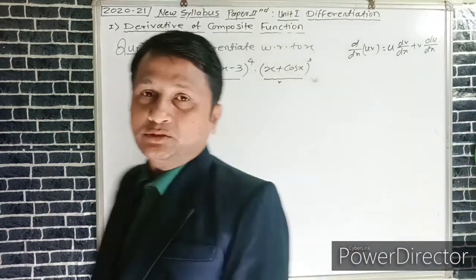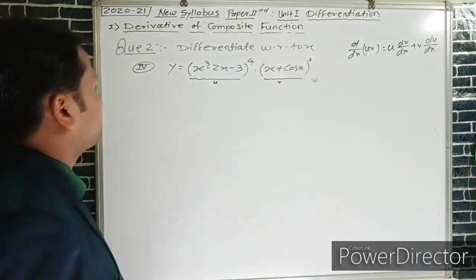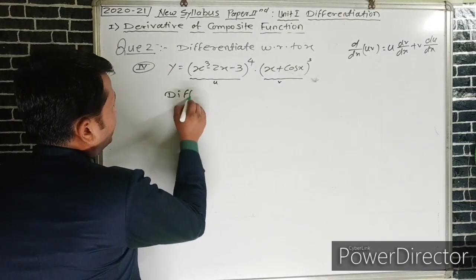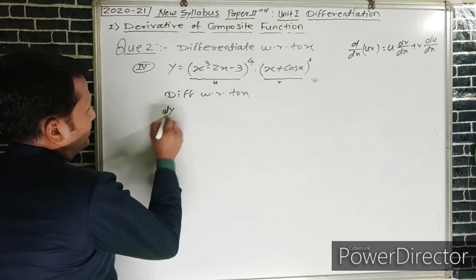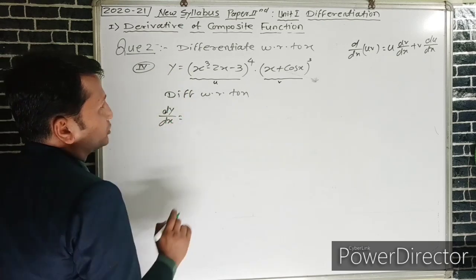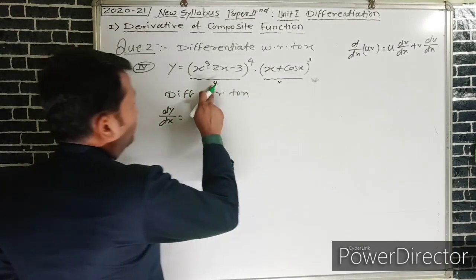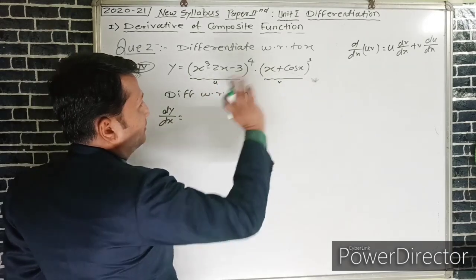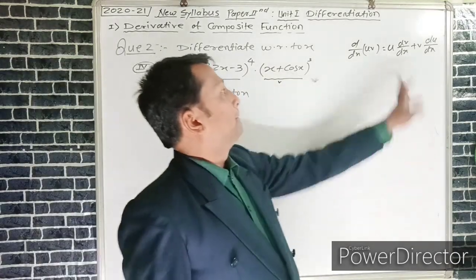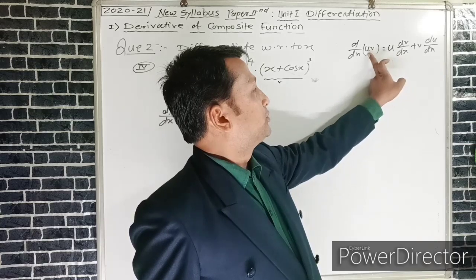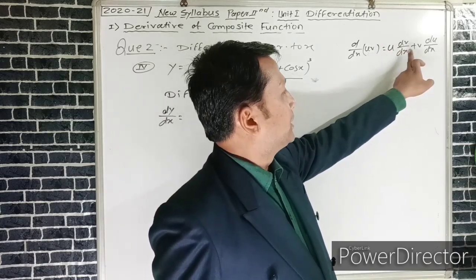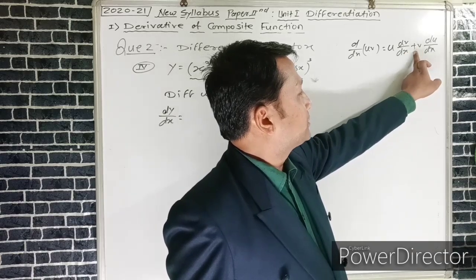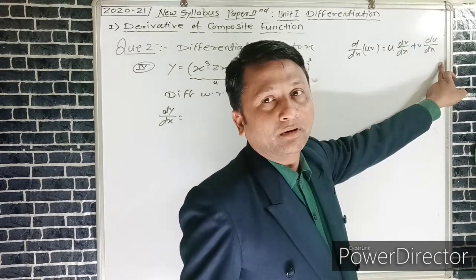By applying this rule, we differentiate the function with respect to x. The derivative dy/dx is: first function into derivative of second function, plus second function into derivative of first function.